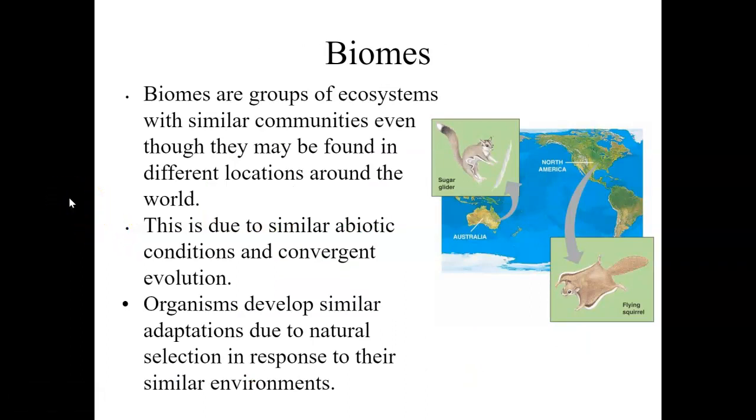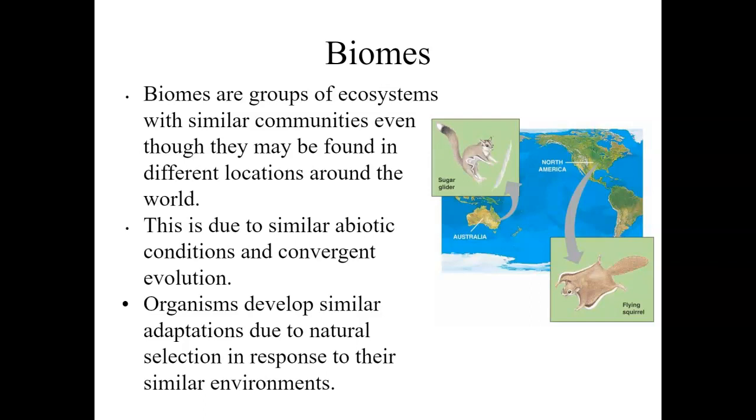Biomes are going to be groups of ecosystems that have similar communities, even though they may be found in different locations within the world. Like they can be in completely different locations. However, they're similar enough due to abiotic conditions that are there. So similar weather patterns, similar temperature fluctuations or seasonal variations, things like that.